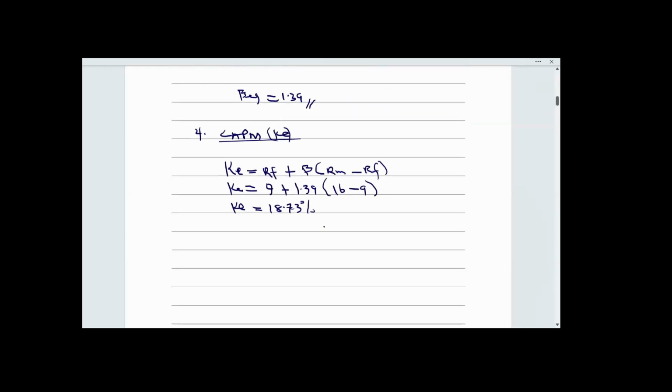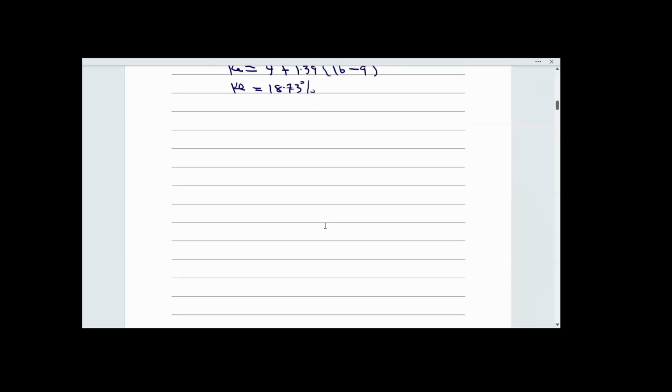Now, finally, we need to calculate step 5, the project-specific WACC. WACC, weighted average cost of capital, because we have only equity and debt.